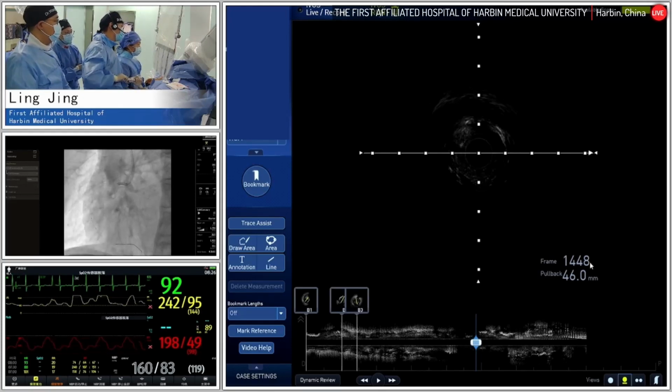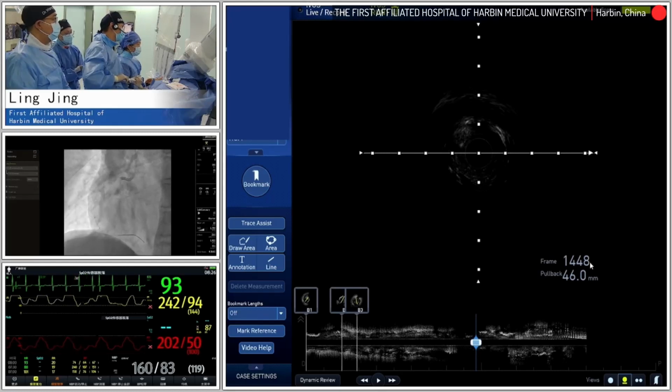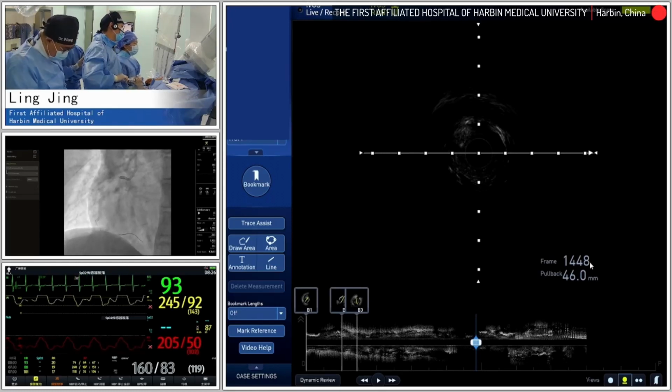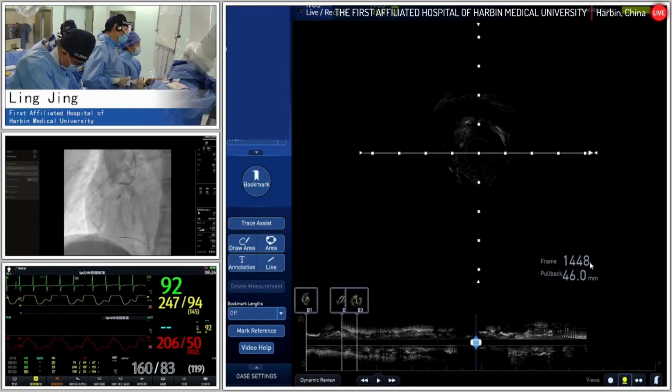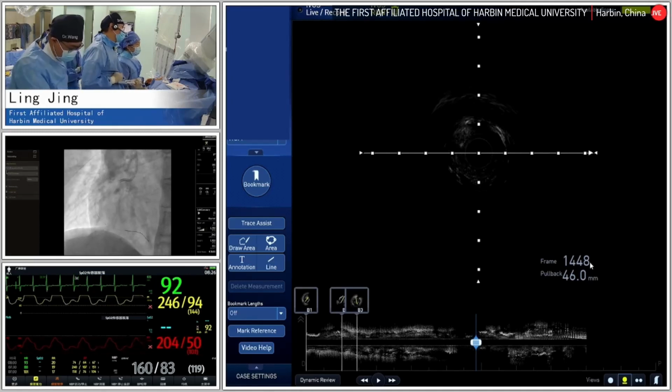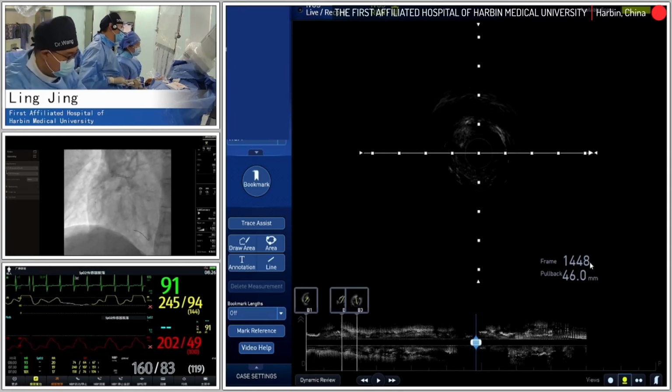In my opinion, microcatheters can be divided into two groups. One is the larger microcatheters, such as the Corsair, which facilitates collateral crossing.